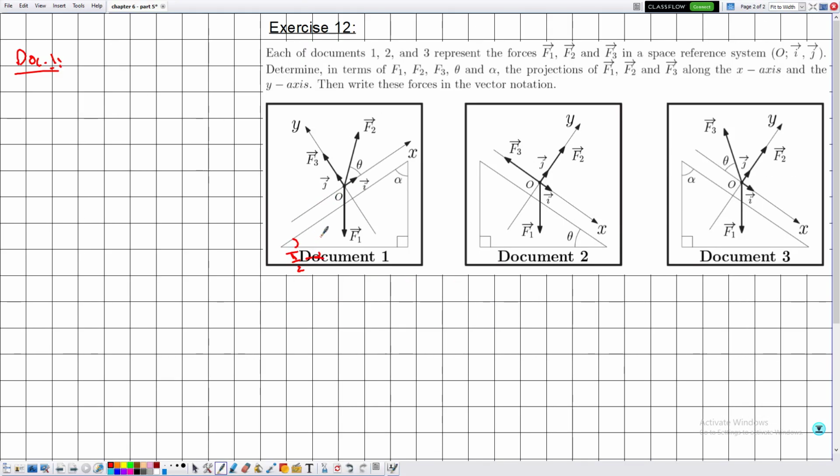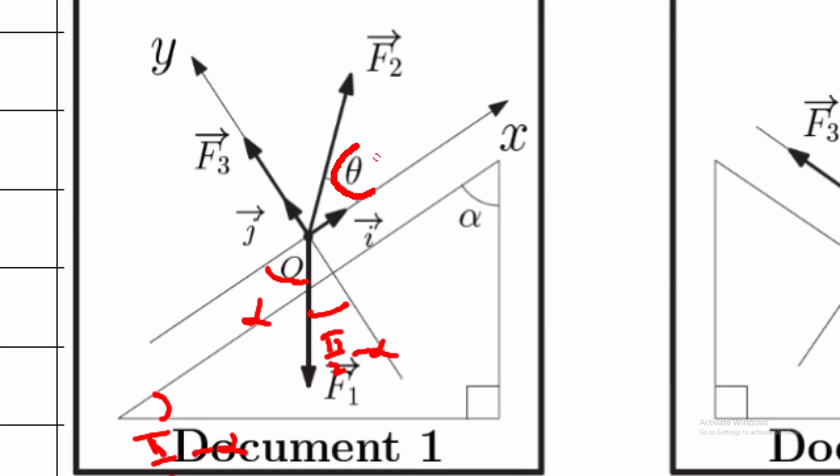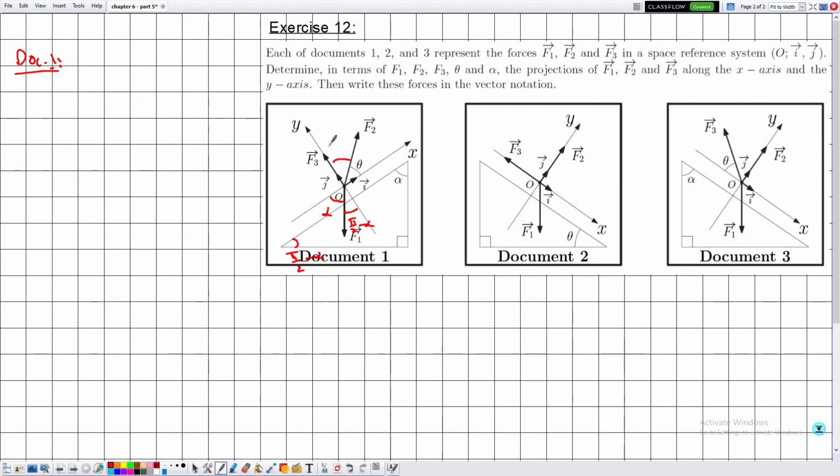So now if this is pi by 2 minus alpha, this angle is simply alpha, and this is pi by 2 minus alpha. So if this is theta, then this is simply pi by 2 minus theta.